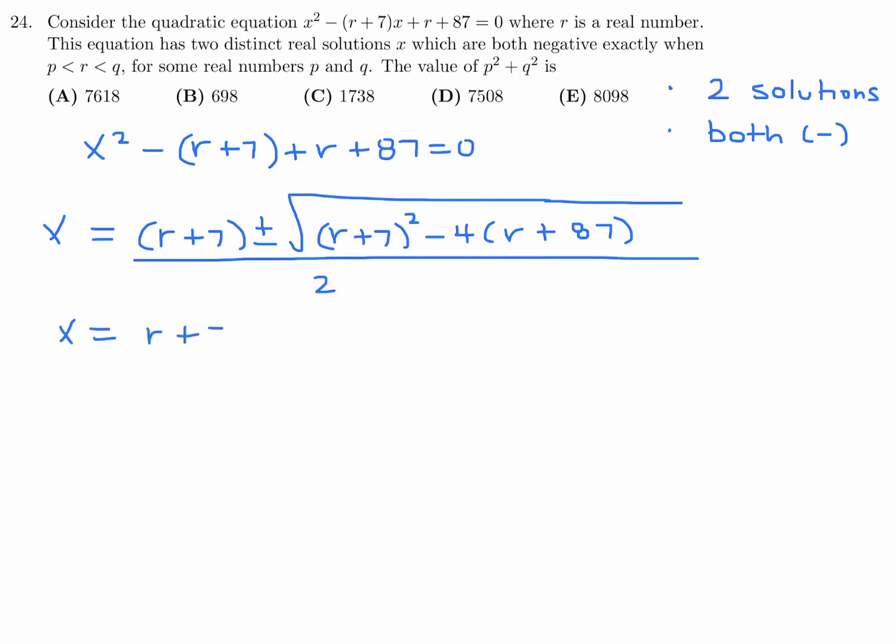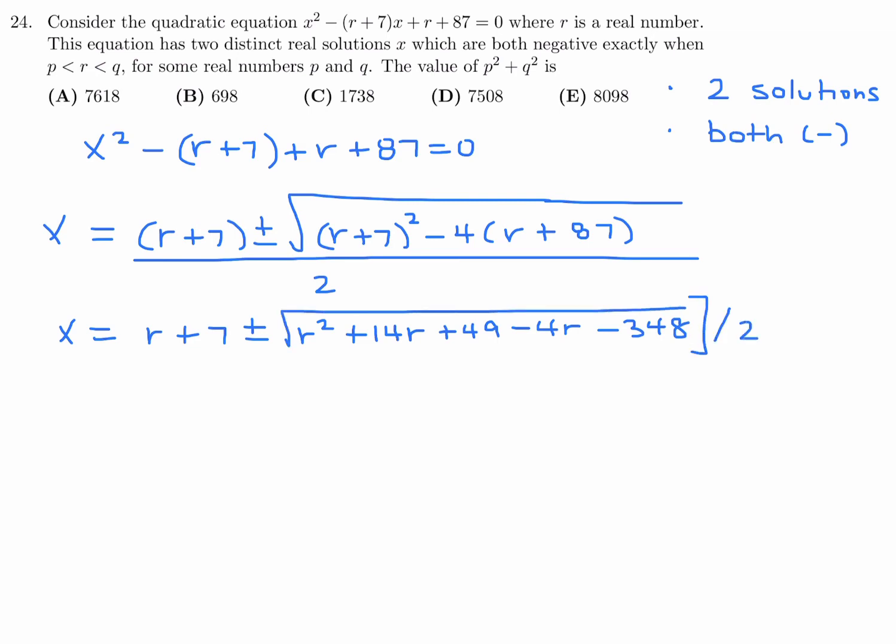Okay, so this is (r + 7) plus or minus the square root of, when you expand this out, r² + 14r + 49 − 4r − 348, all over 2. So let's see here, when you combine this, we get r² + 10r − 299.